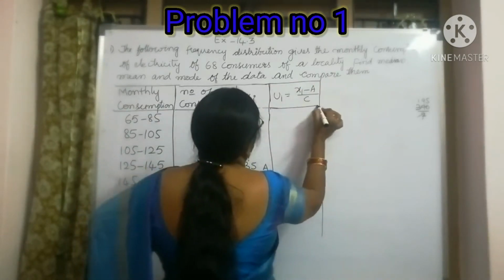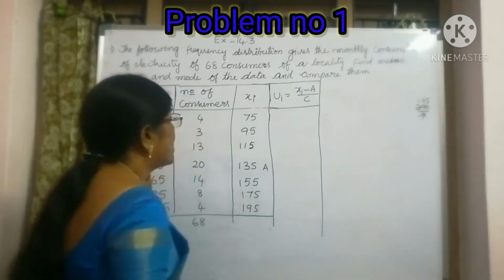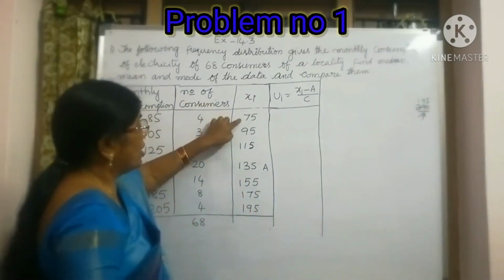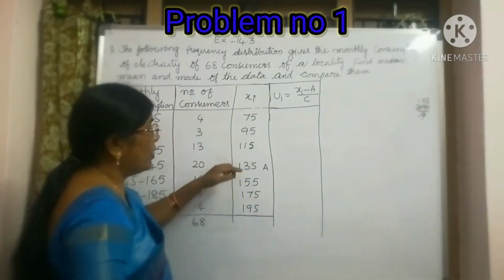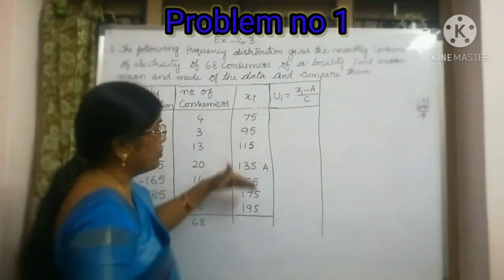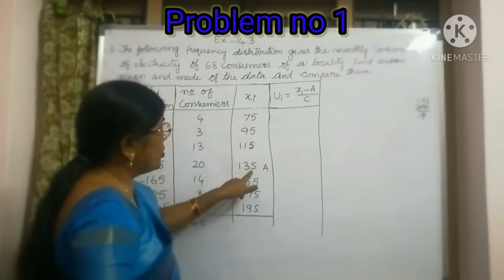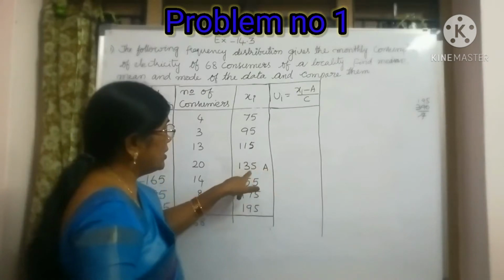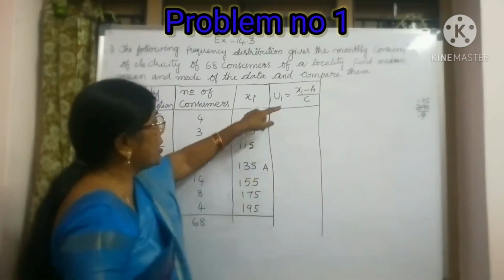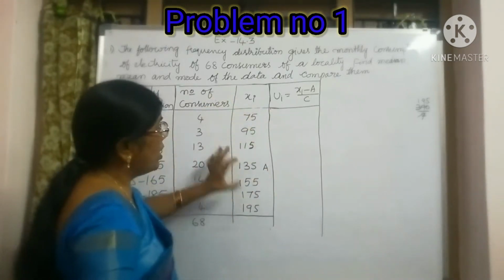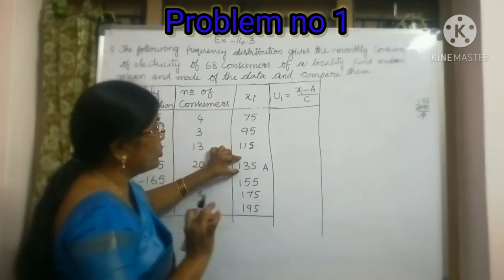Here xi is 75, and A is 135. We can suppose A anywhere, so I suppose 135 as A. So xi is all the values and A is the assumed value.